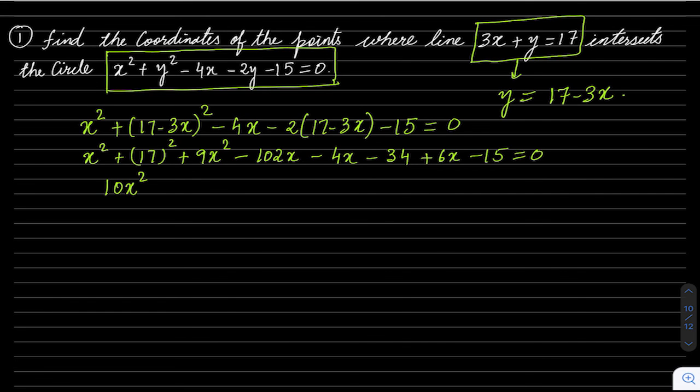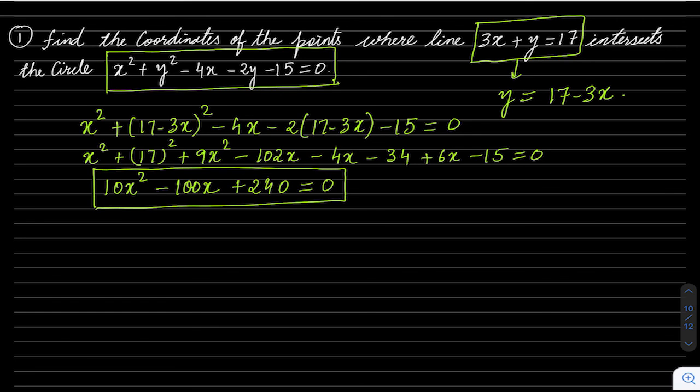Let's collect like terms. 9 + 1 is 10x², and for x we have −102 − 4 + 6, which gives −100x, and 289 − 34 − 15 gives 240. So 10x² − 100x + 240 = 0. This is the quadratic that we are getting in x.